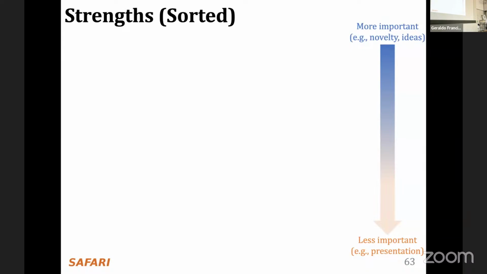So you can have a good idea with a bad implementation, but it still is a good idea. Or you can have a good idea with a bad evaluation, but regardless, the idea is still good. You just need to do more work to comprehensively evaluate that idea. The less important thing is presentation. Presentation is really important when you're communicating as a scientist, because it's how people are going to perceive our work.